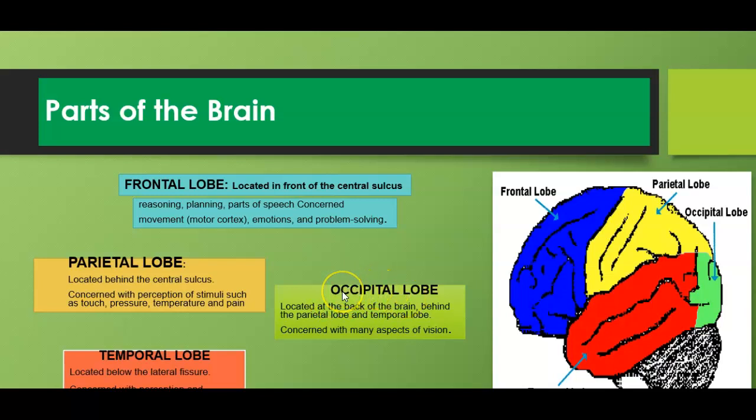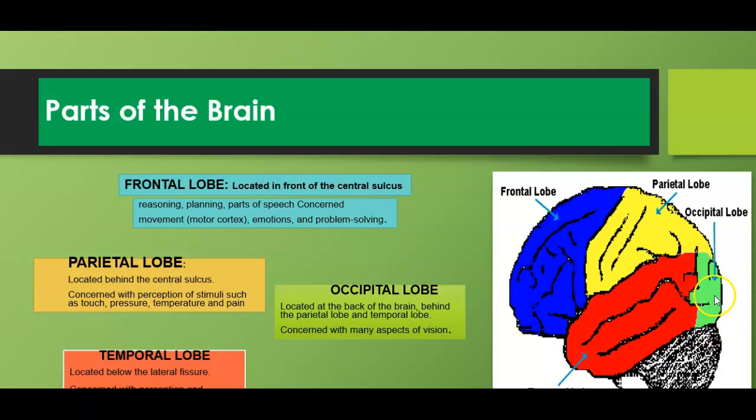Then you have the occipital lobe, a word that is always so hard for me to say. It's located in the back of the brain, behind the parietal lobe and the temporal lobe. This is how we see. We use vision using our occipital lobe. I know I just murdered that word.